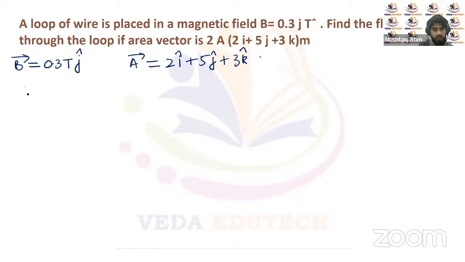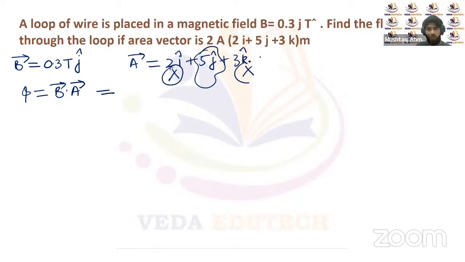Now the flux passing through it will be B vector dot A vector, right? And it means the only magnetic field passing through will be the magnetic field line along the direction of this B vector, that's the j cap component. The 2i cap component will not pass through it, and the k cap component will also not pass through this area.